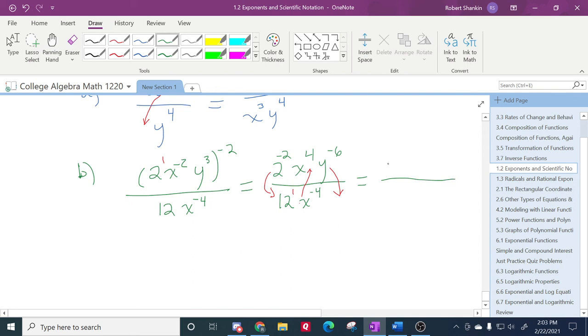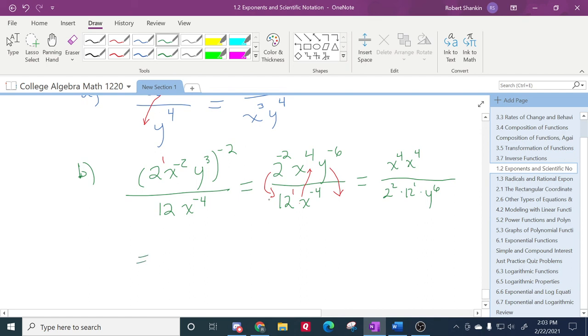I'm going to be having x to the 4th. This other one that pops up here is also another x to the 4th. And then at the bottom, 2 squared times 12 to the 1st times y to the 6th.